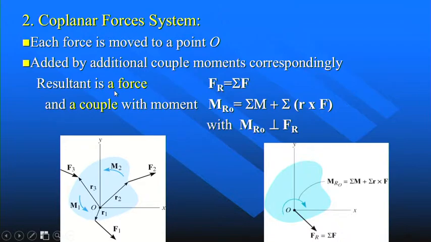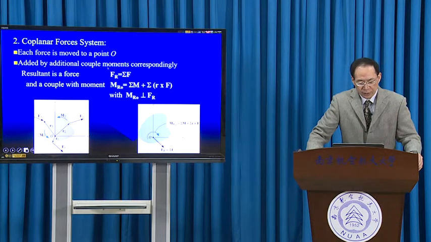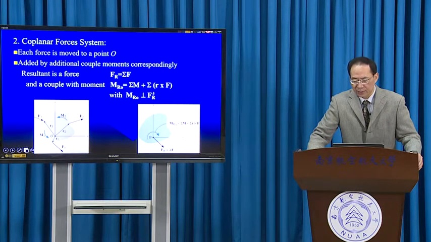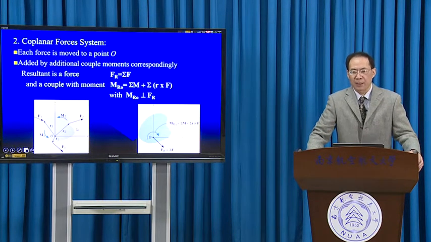Then we find the resultant respectively for the two simple systems. The resultant is a force, Fr equals sigma F, and a couple with moment MRO equals sigma M plus sigma r cross F. And because all couples lie on the plane, the resultant couple is oriented perpendicular to this plane.